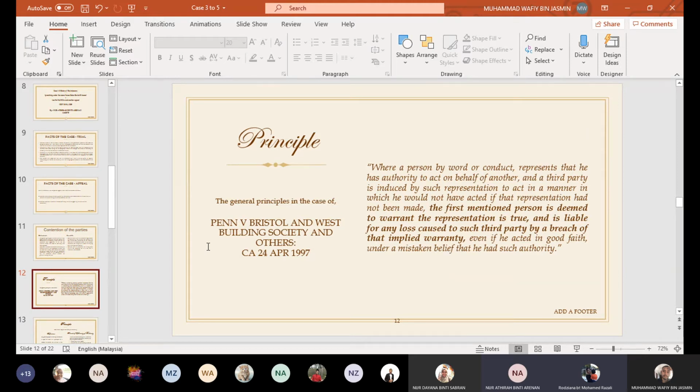Maksudnya di sini kalau defendant has doubt sama ada plaintiff solicitor tidak mempunyai authority untuk bertindak dalam sesuatu proceeding, the defendant solicitor can also challenge it. So he can challenge the retainer of the solicitor of the plaintiff by substantive motion.